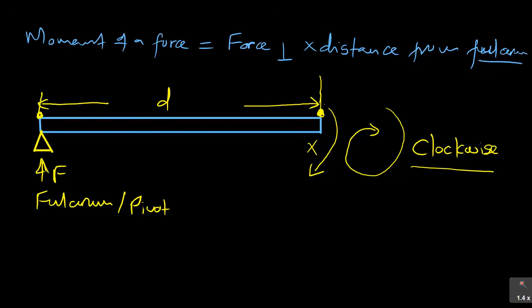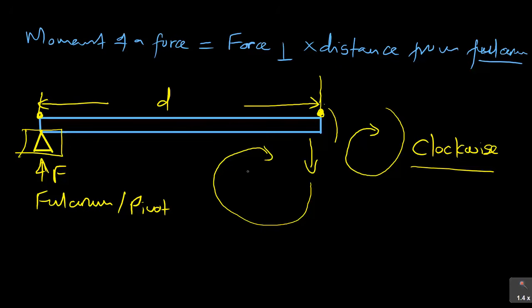When we're talking about clockwise, we are saying if I don't have a support at this point, what will happen if the support is only at this point? You'll see that the beam will go downwards here, and that is a rotation that it will take.